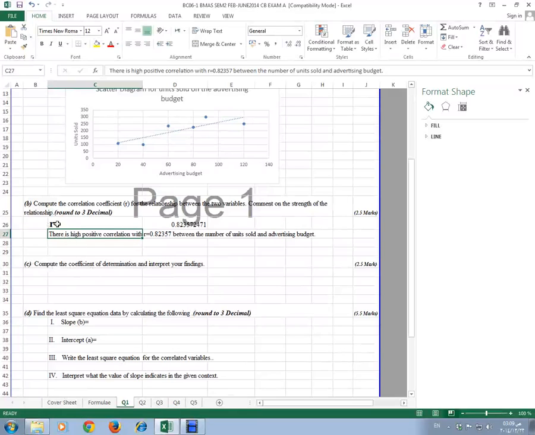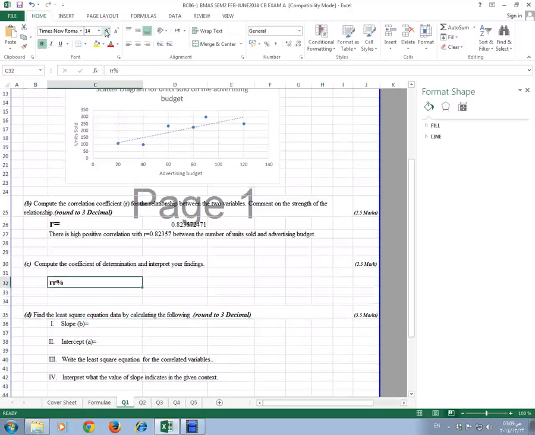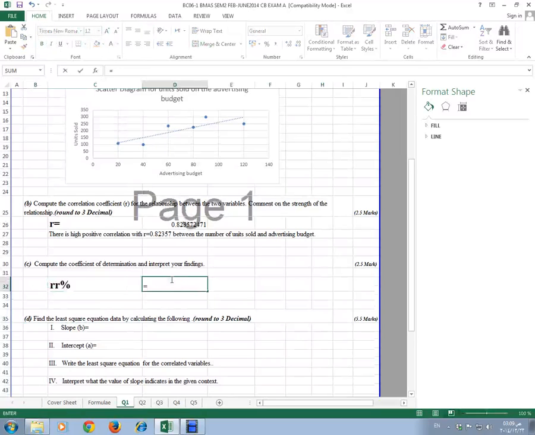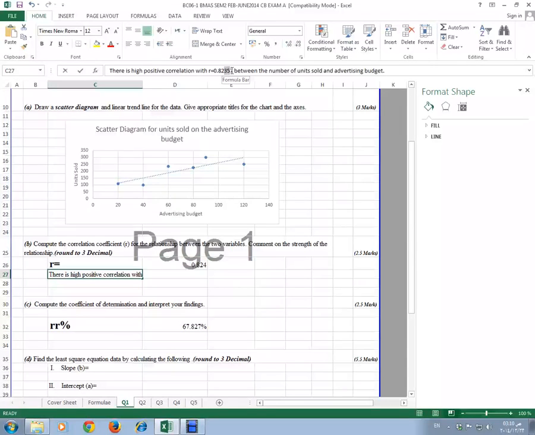The coefficient of determination is the square of the coefficient of correlation, so we write it as R squared percent. It equals the coefficient of correlation multiplied by itself, changed to percent. It is required to be 3 decimals.